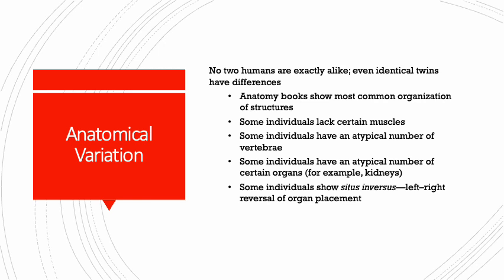So it's very important to be aware that there can be differences in anatomy and make sure that we are checking on these things and verifying that this patient's heart is really on the left side of their body where it's supposed to be, because this can cause a lot of issues in clinical situations, in treating a patient, taking care of a patient, diagnosing a patient, any of those things. Not knowing where their organs are or if they're missing certain parts of their body can lead to other issues.